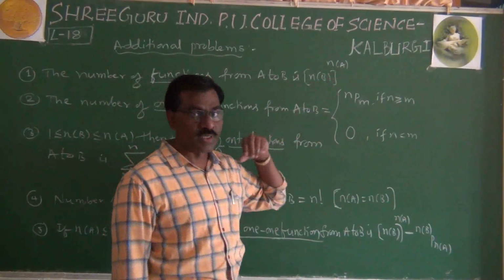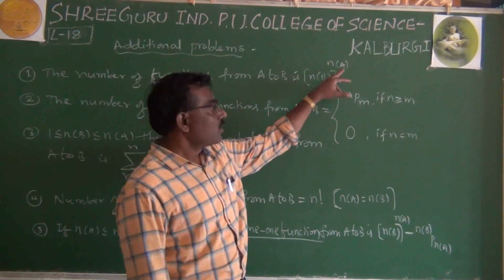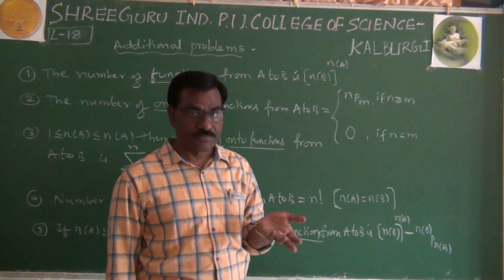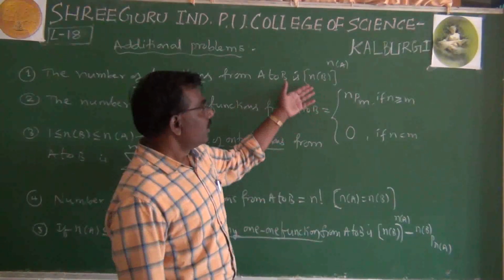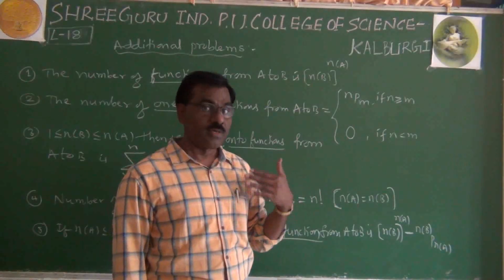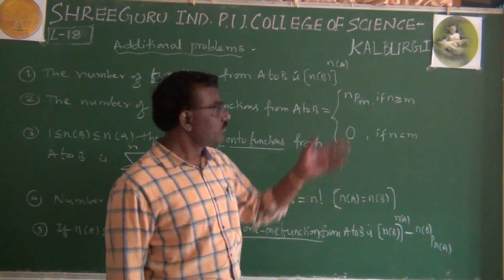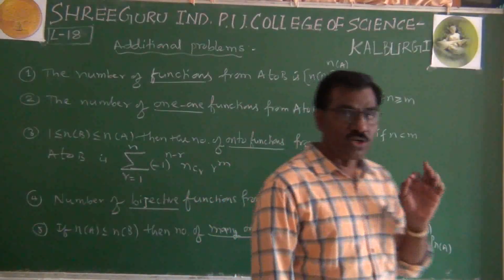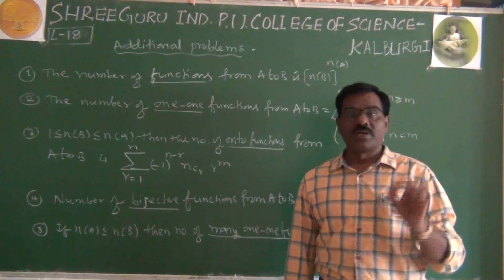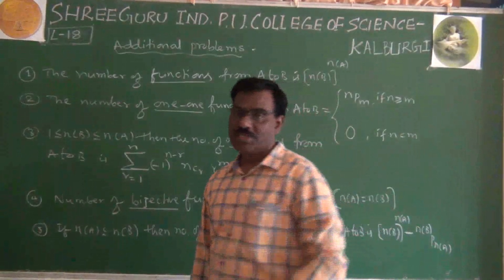What is n of B? n of A is the number of elements of set A. Even if you read m, no problem. n of B is the number of elements of set B. n of B whole raised to n of A is the number of functions from set A to set B.